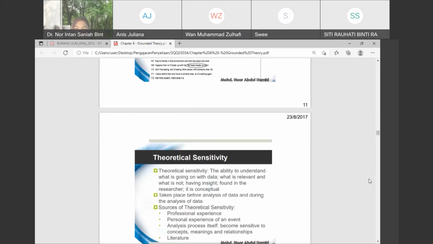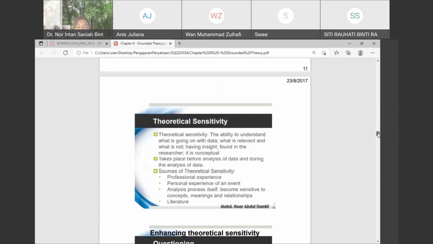Maknanya kita punya experience, our research background, not limited to research background as well. Your work experience also plays a role, before and during the analysis of data. The sources can be professional experience or your personal experience as well.